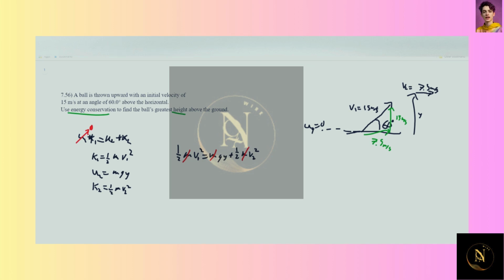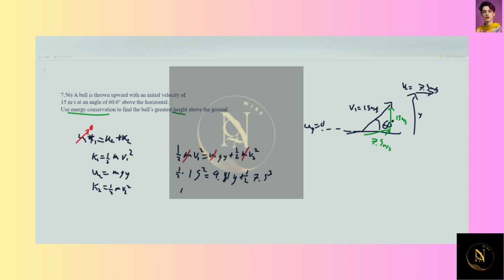We know what v1 squared is. We know what v2 squared is. We know what g is. We're just trying to find y. Okay, so we have 1/2 times 15 squared is equal to 9.81 y plus 1/2 times 7.5 squared.